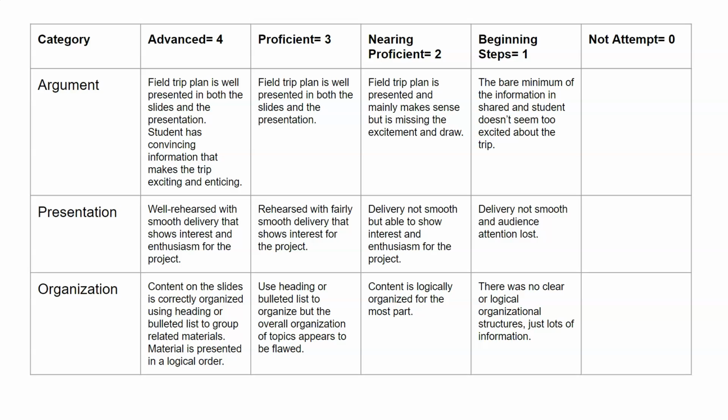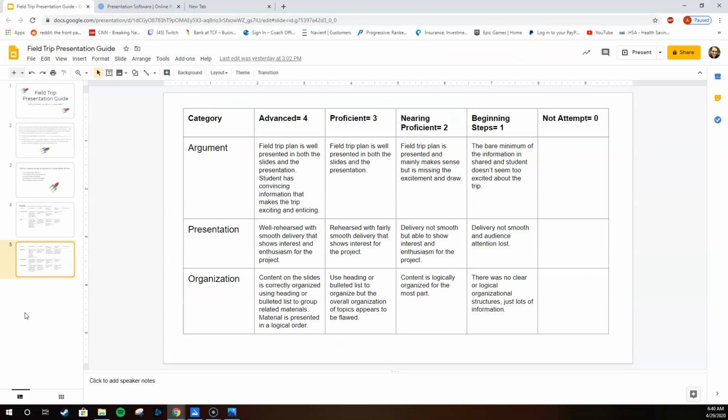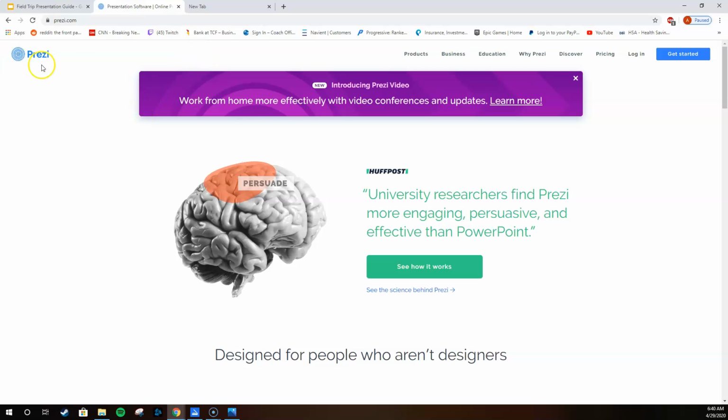So now let's look at a couple of the different ways that we can present our project. There is this free website called Prezi that you can use to create your presentation if you would like. So all you have to do is click Get Started.